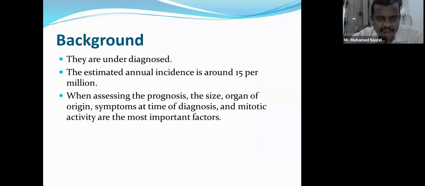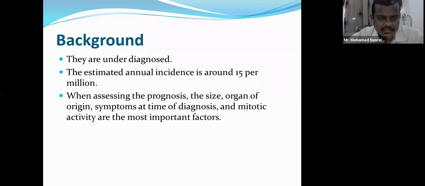Generally speaking, GIST tumors are underdiagnosed because they are discovered incidentally when people do OGD, or accidentally on CT scans or MRIs, or sometimes intraoperatively.